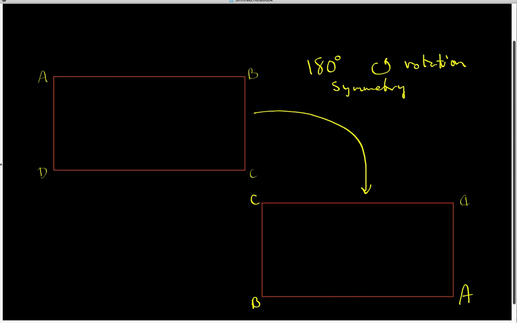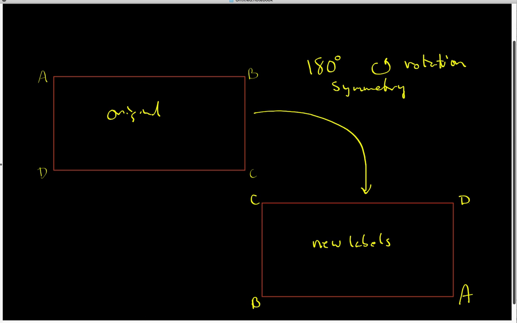And this over here is where D landed. So if I do a 180 rotation of the rectangle, the original labels look like this. And the new labels look like this, but the rectangle itself hasn't been changed.